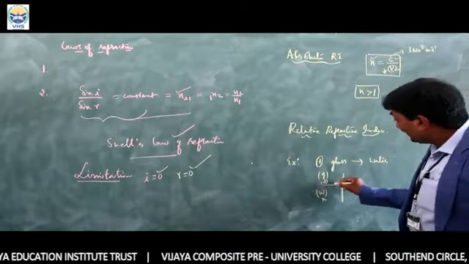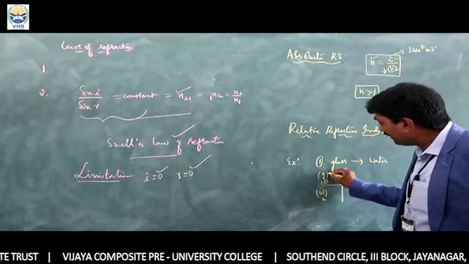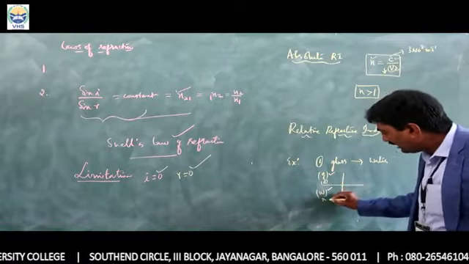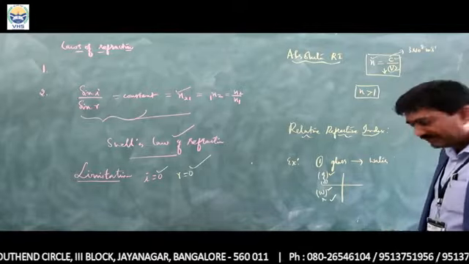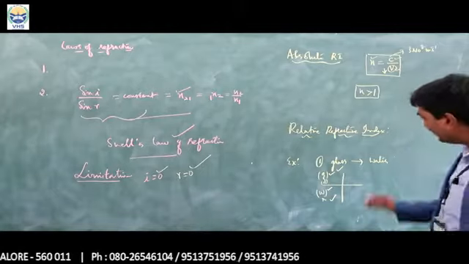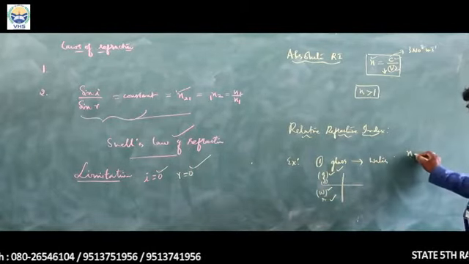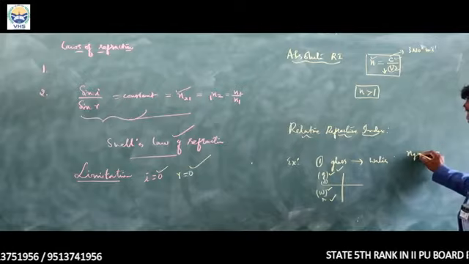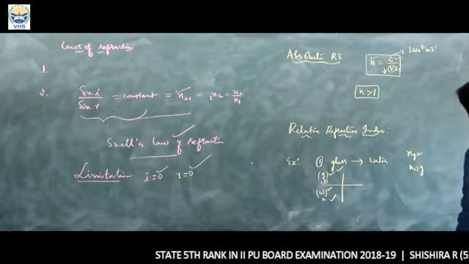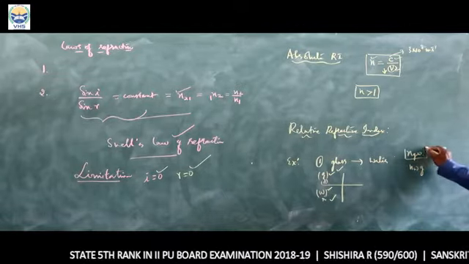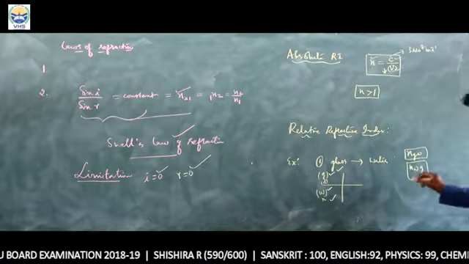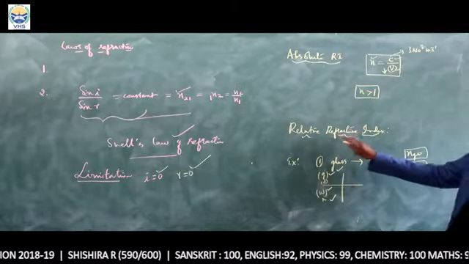That means refractive index of one medium with respect to some other medium other than air or vacuum can be written as refractive index of glass with respect to water, or refractive index of water with respect to glass. So, NGW is defined as the relative refractive index, or NWG is defined as the relative refractive index.